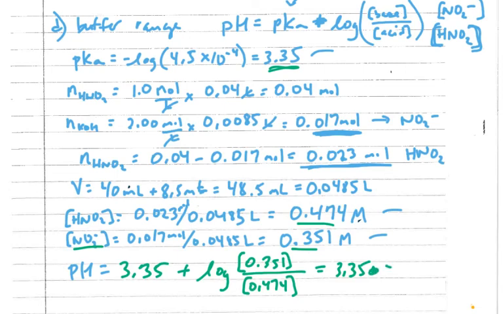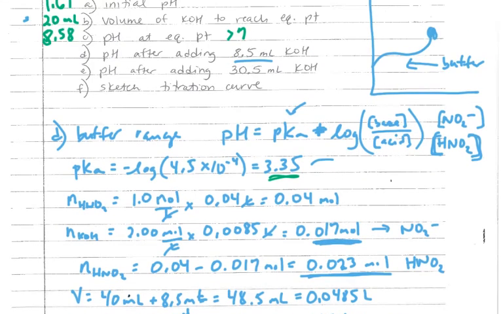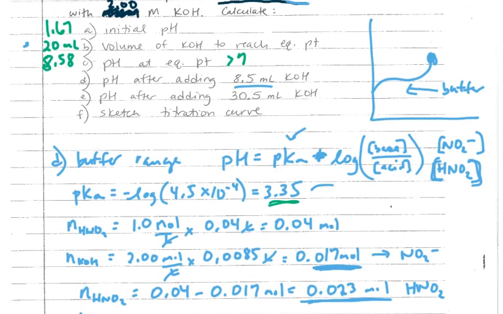So 3.35 minus 0.1305. So the pH equals 3.22. All right, the pH after adding 8.5 is 3.22. So it goes up a bit.